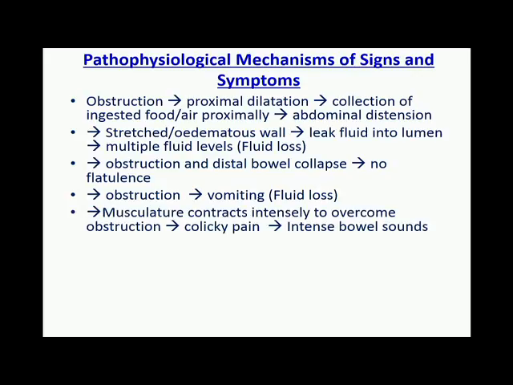And muscles will contract intensely to overcome the obstruction, which gives rise to your colicky pain, which is partly ischemic. If you examine this patient at this stage for bowel sounds, they will be increased. Increased bowel sound is a feature of intestinal obstruction.